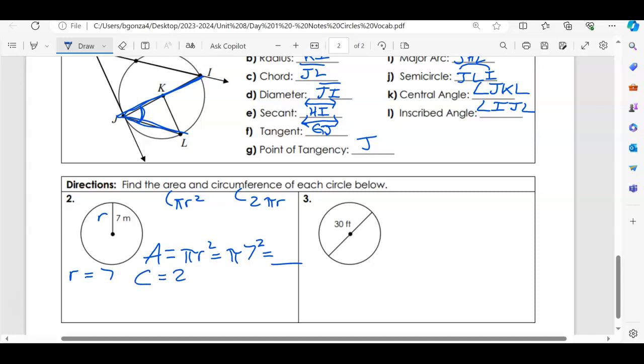Circumference is 2 pi r, so it's what? 2 pi 7. You could give me the answer, right? Again, I know y'all can type stuff in the calculator, so I'm not spending too much time on this. Before you type anything in, okay?